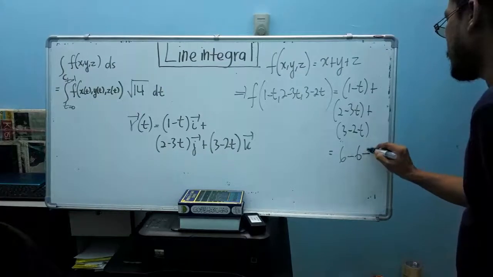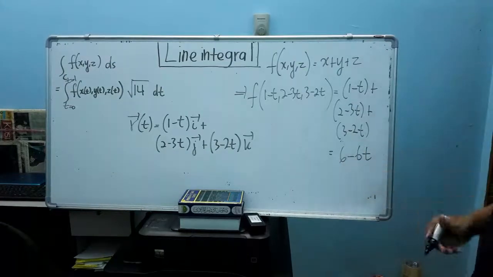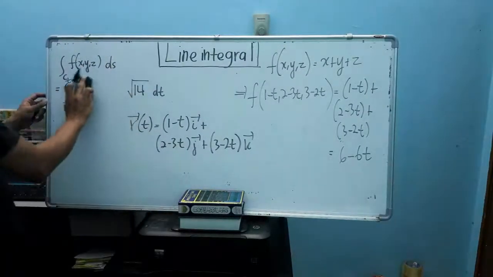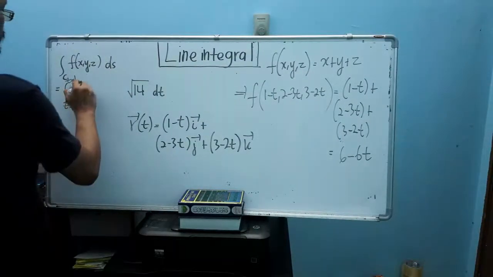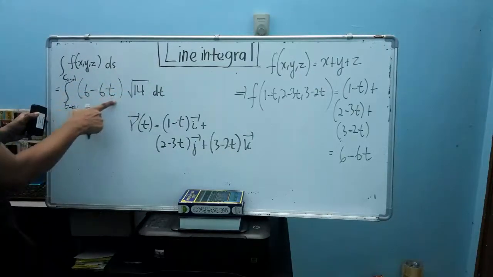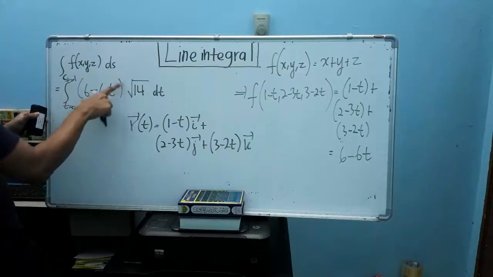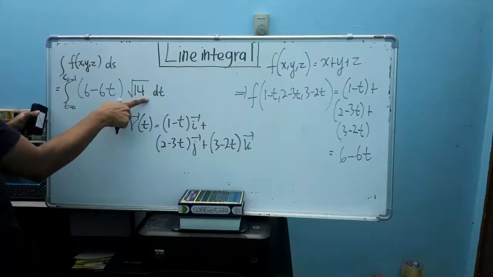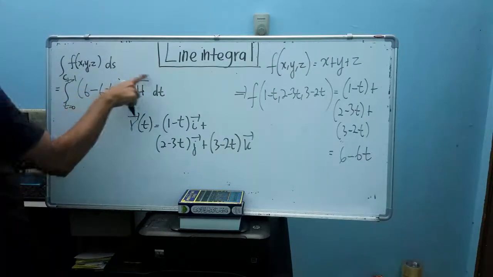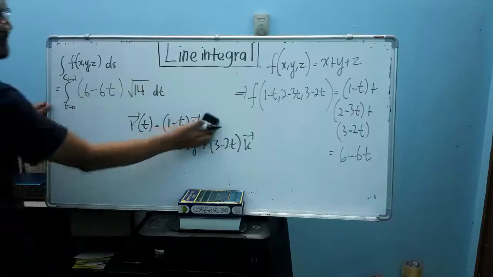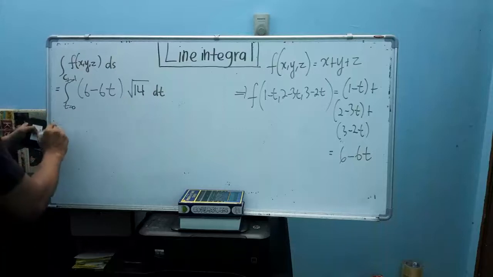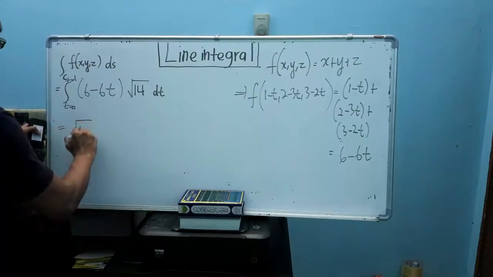So this will be (6 minus 6t). It should be in brackets, because the whole thing should be multiplied by the magnitude of r prime (t), meaning you will have the bracket (6 minus 6t) times the square root of 14. Since the square root of 14 is just a constant, you can put it outside.